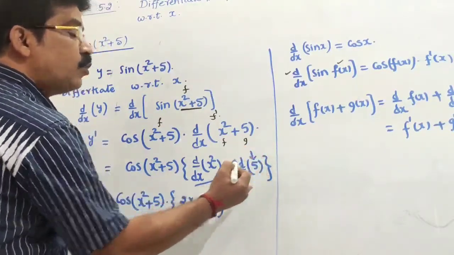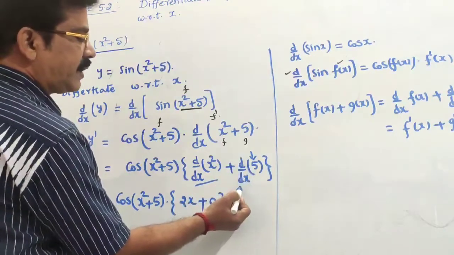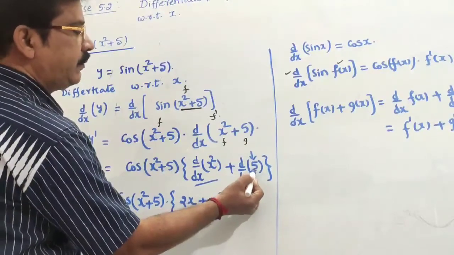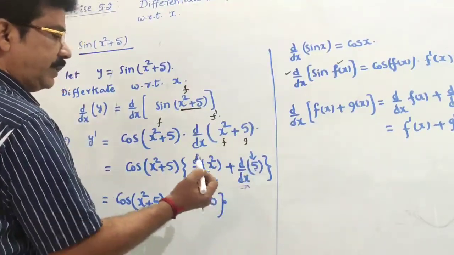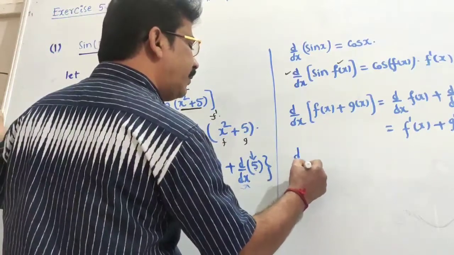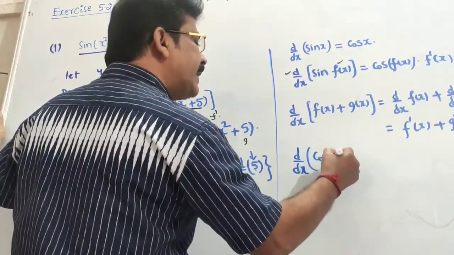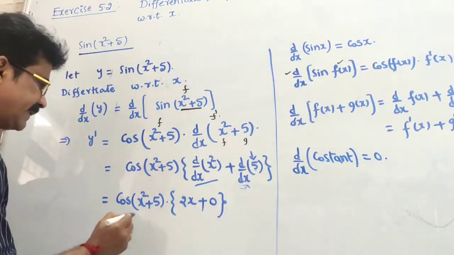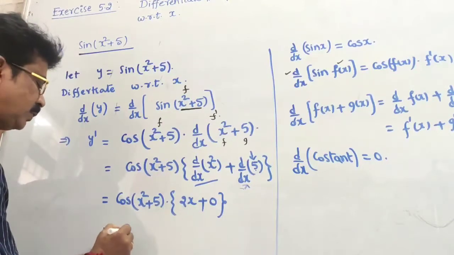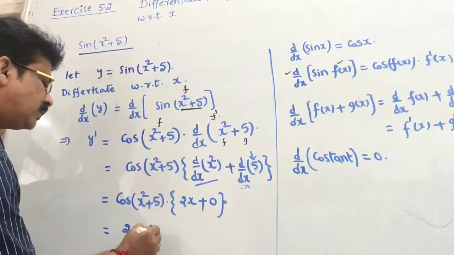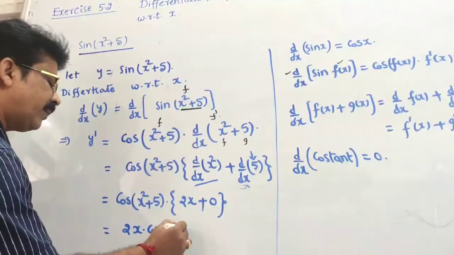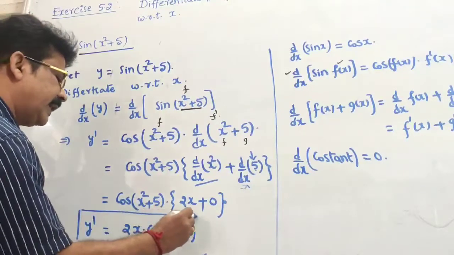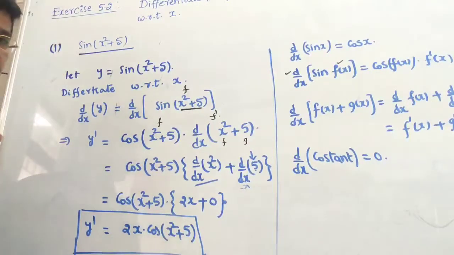In 5 there is no x, with respect to the independent variable x, it is a constant, therefore d by dx of any constant is equal to 0. So that is equal to 2x plus 0, 2x into cos of x square plus 5. This is the derivative or first derivative of the given function, hence the problem.